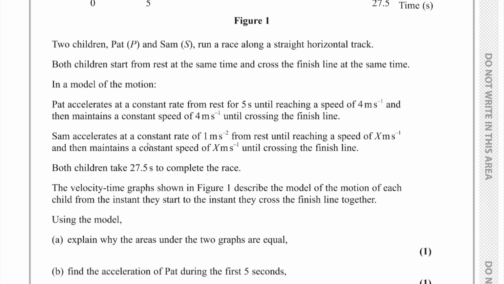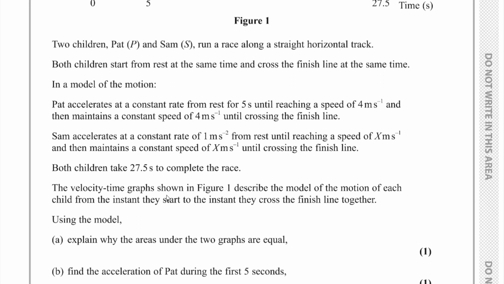Sam accelerates at a constant rate of 1 meters per second squared from rest until reaching a speed of x meters per second, and then maintains a constant speed of x meters per second until crossing the finish line. Both children take 27.5 seconds to complete the race.